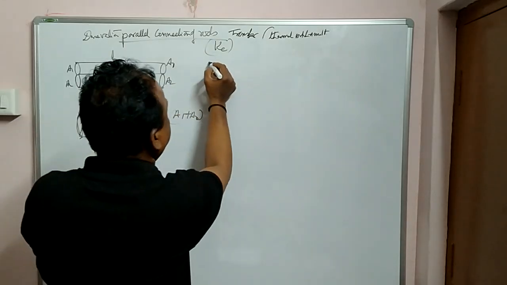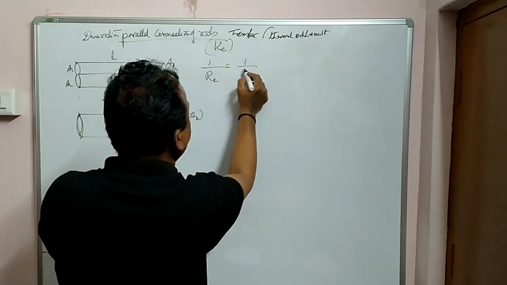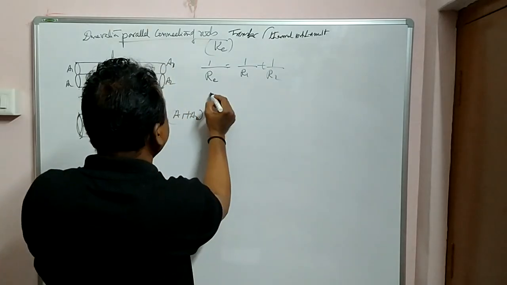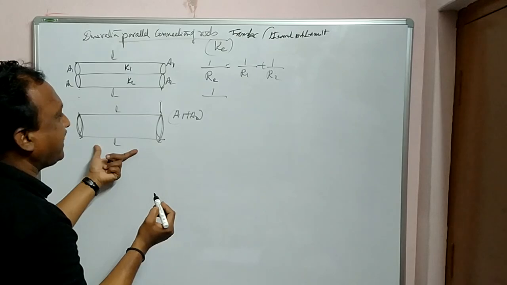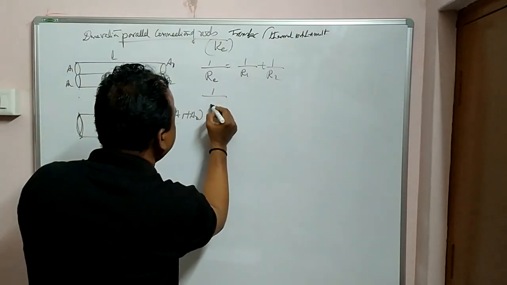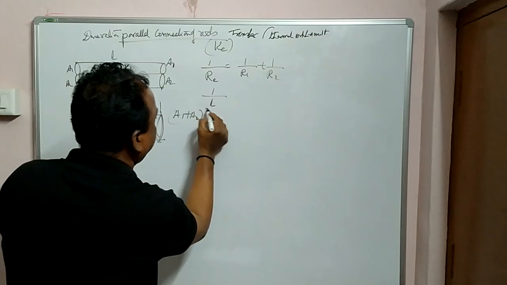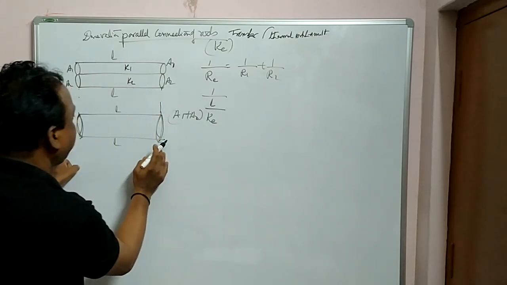In series connection, already I told you in current electricity, 1 by R is equal to 1 by R1 plus 1 by R2. Okay? So here you apply the same formula. What is 1 by RE? How will you get the R thermal here? L by, L means what? This length, effective length. L by KA. What is area here?